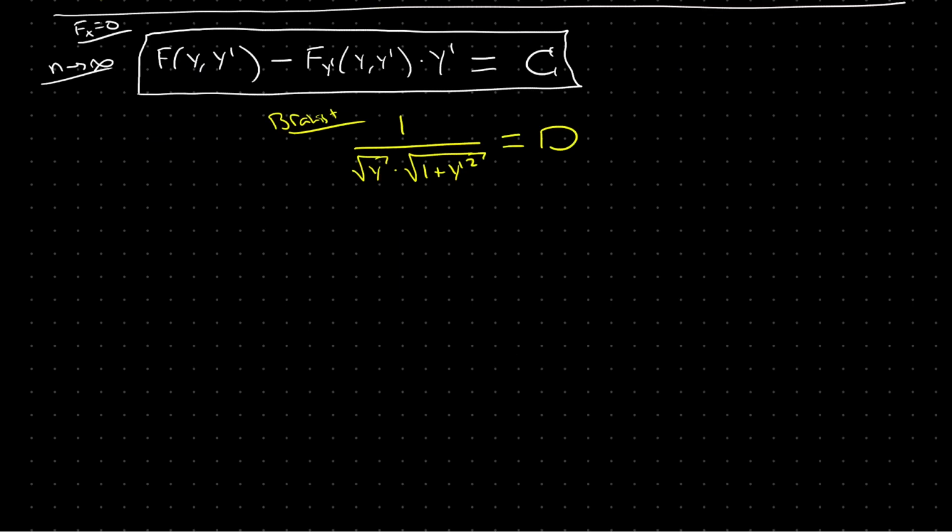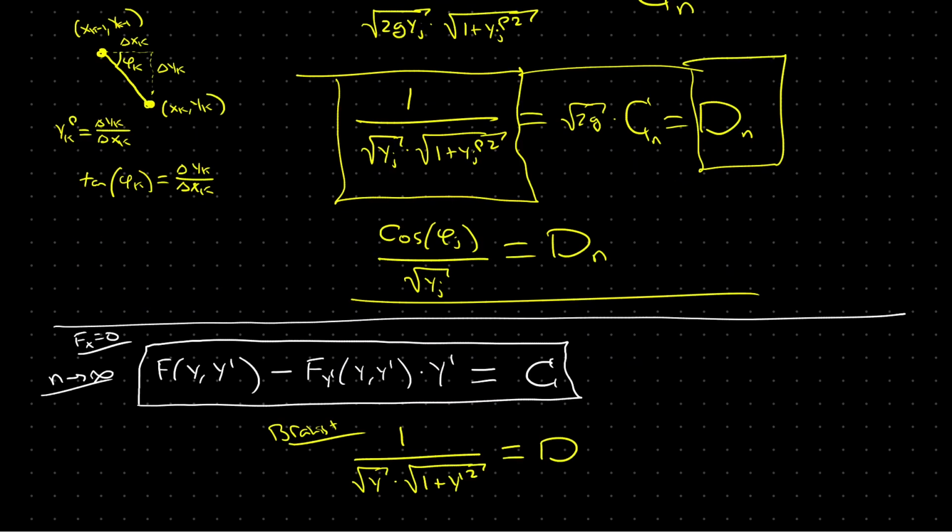To solve this differential equation for the Brachistochrone problem, remember what we noticed geometrically about this 1 over the square root of 1 plus yj prime squared.